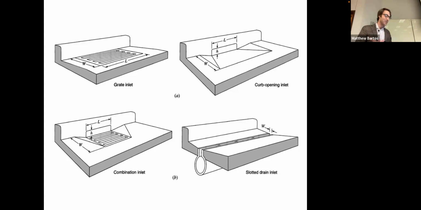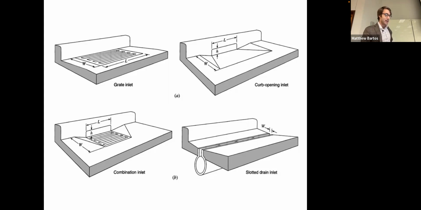These are very common. They're usually depressed, which means they'll have that slope feeding into it. Notice how this one has this kind of apron that is feeding into the curb inlet, and that greatly increases the interception capacity. Curb opening inlets are used pretty commonly along streets and highways because they are often safe for bicyclists, which is one of our design considerations.